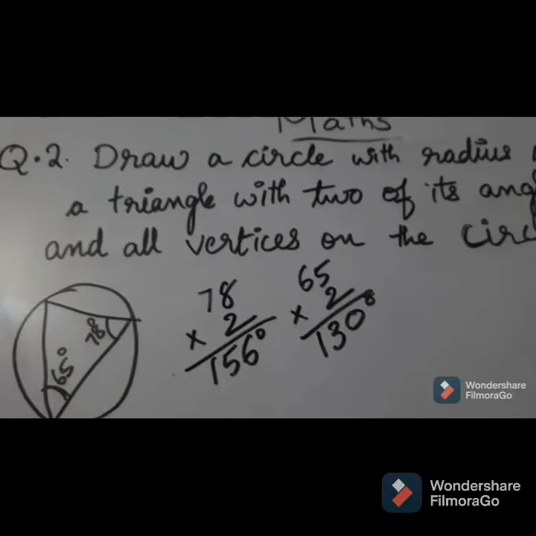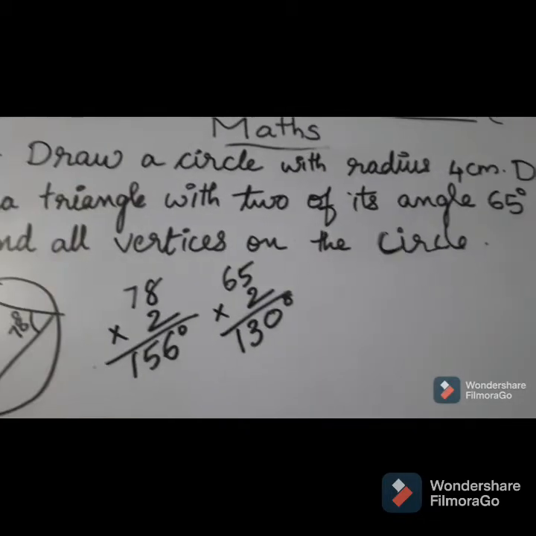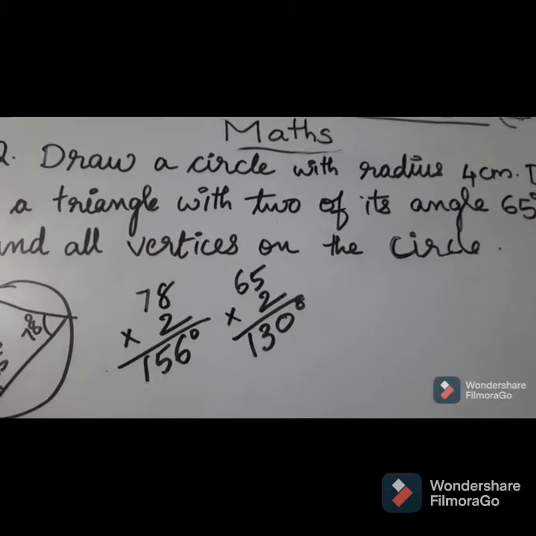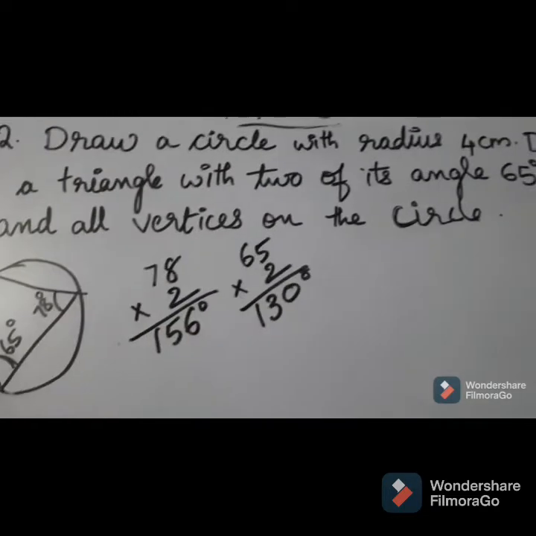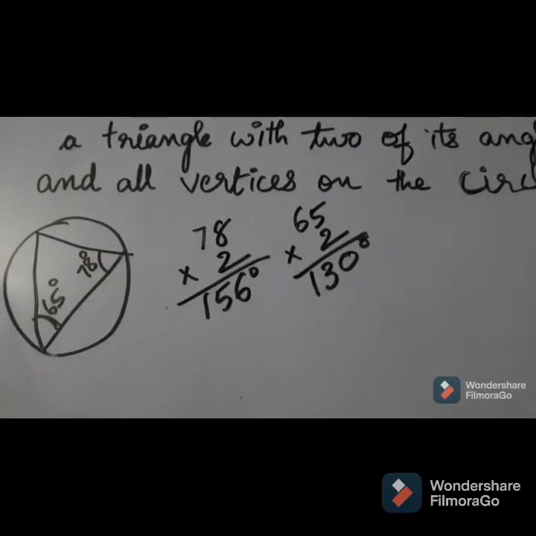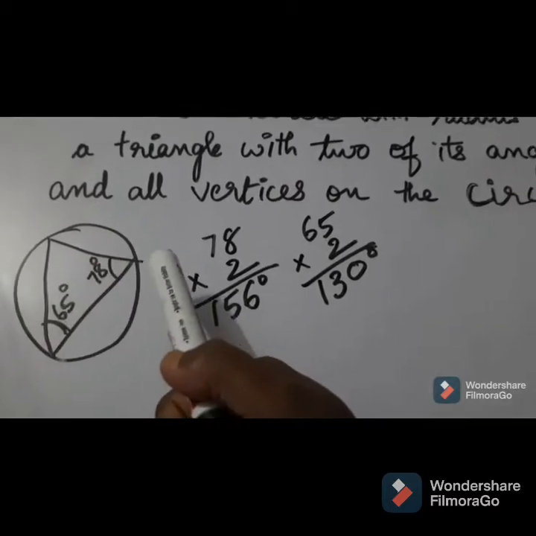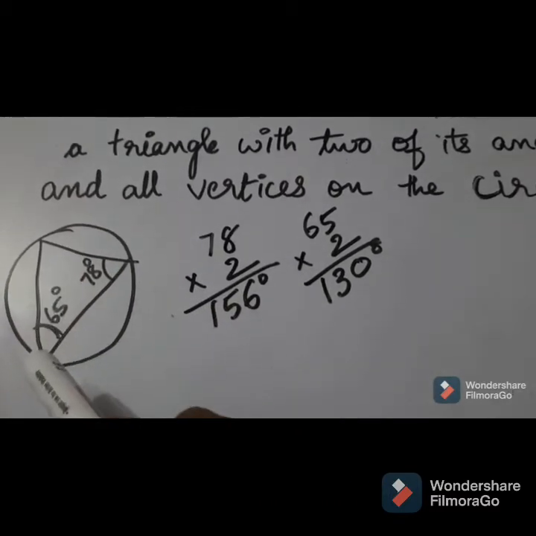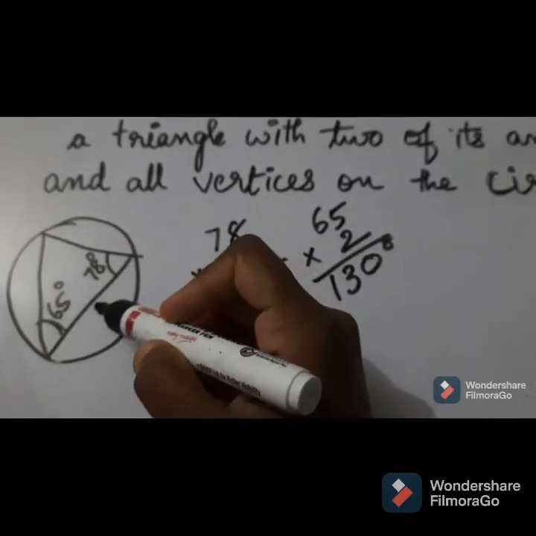Second question: draw a circle with radius 4 cm. Draw a triangle with two of its angles 65 degree and 78 degree and all vertices on the circle. For this, first we draw a rough figure, like this, 65 degree, 78 degree.